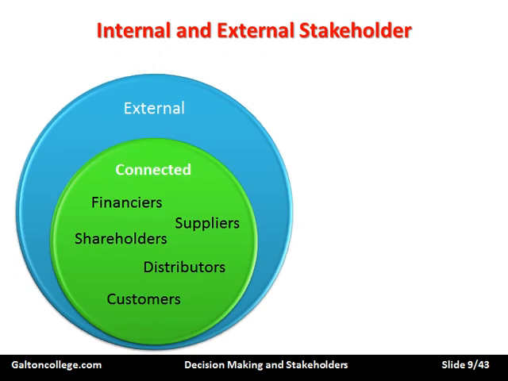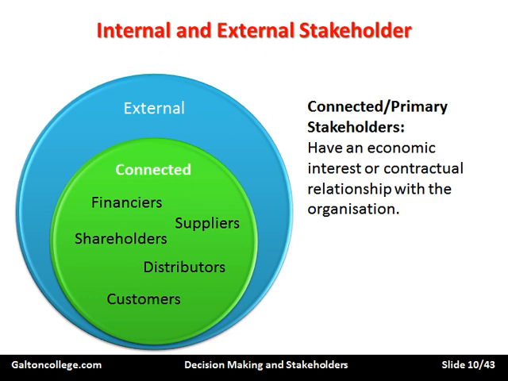The connected stakeholders are financiers, shareholders, suppliers, distributors, and customers. These are connected to the company. These are linked to the company. So the connected or primary stakeholders have an economic interest or a contractual relationship with the organization.